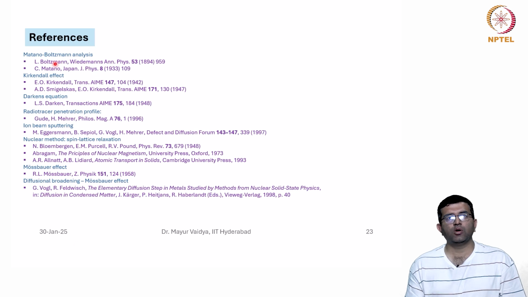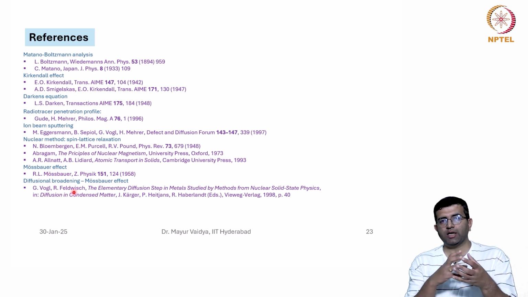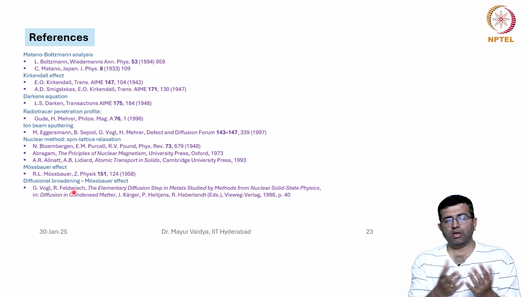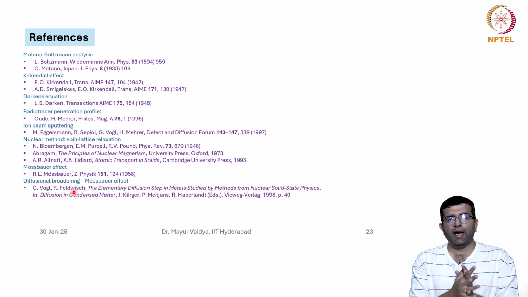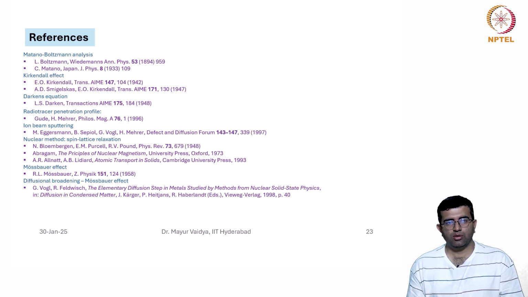So, we have listed several references, for example, Matano-Boltzmann, Kirkendall, the Darken equation, the radiotracer penetration profiles, ion beam sputtering, and techniques of diffusion measurements like nuclear methods, Mössbauer effect, and diffusion broadening. You can go to these papers whenever you have some time, and understand whatever is of more interest to you in a deeper way.